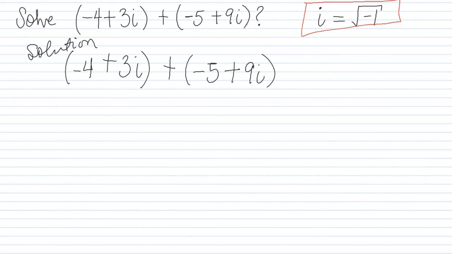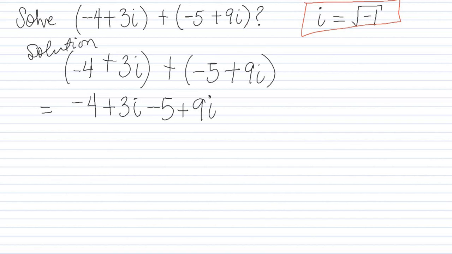So to remove the brackets, we end up with -4 plus 3i, plus a negative 5, and then plus 9i. So this is what you have.